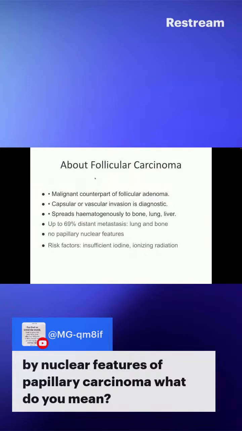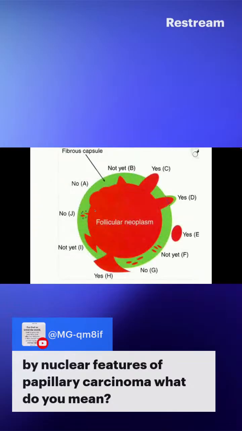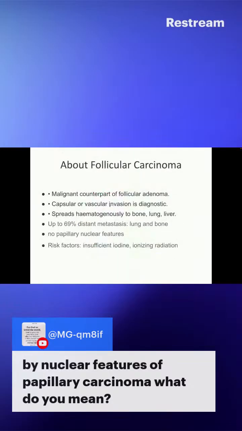Follicular carcinoma, the malignant counterpart of follicular adenoma. The most important thing is this point, and I can't focus on it enough: it's the capsular or vascular invasion. So this is the diagnostic. It spreads hematogenously to the bone, the liver and lung.